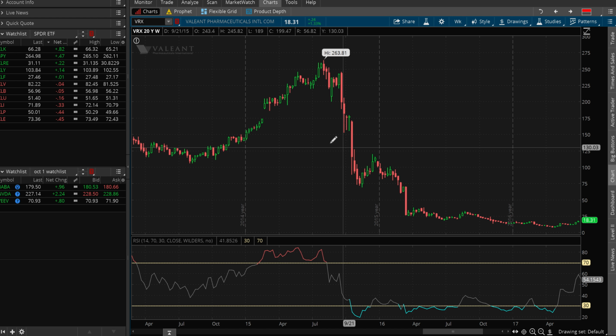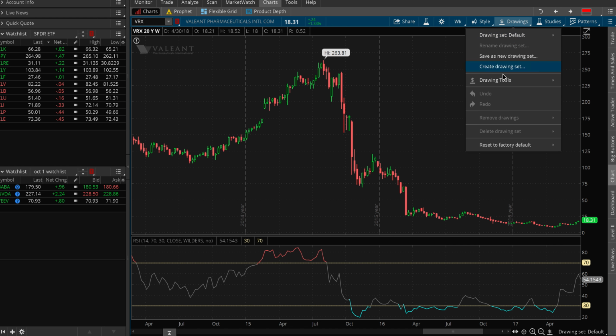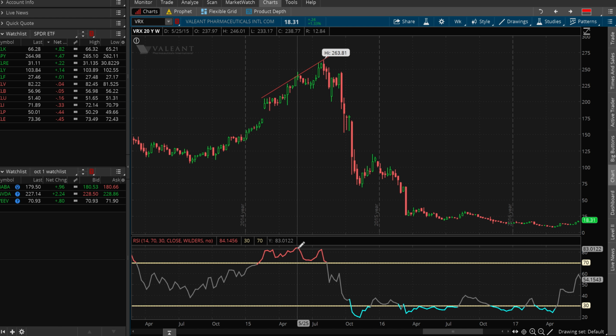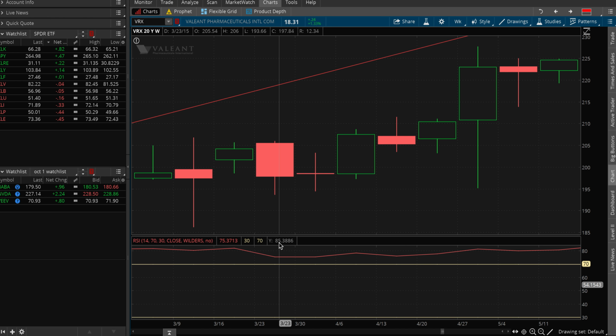So in this situation, if you look at this RSI, if you look at this line, let's take out the trend lines tool. Okay, so if you look at this RSI on the weekly chart of VRX, the price is trending higher. In this situation, the price is actually not trending really that high at all.